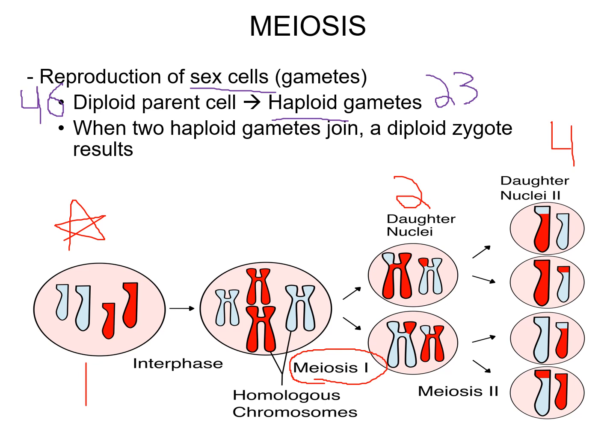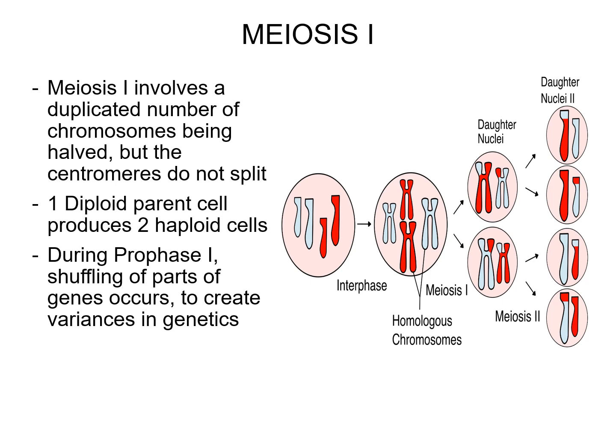So, let's go on to the next slide, talk about meiosis 1 and how this differs just slightly from mitosis. So with meiosis 1, we're going to be going through PMAT. It's the same thing. We're going to be going through prophase, metaphase, anaphase, telophase. But what's unique to meiosis is during prophase 1, some genetic shuffling starts occurring.